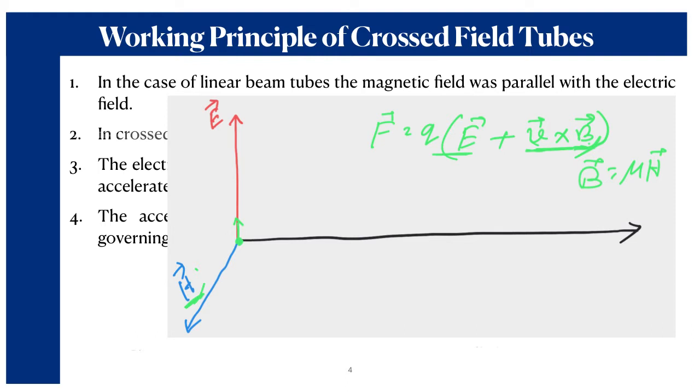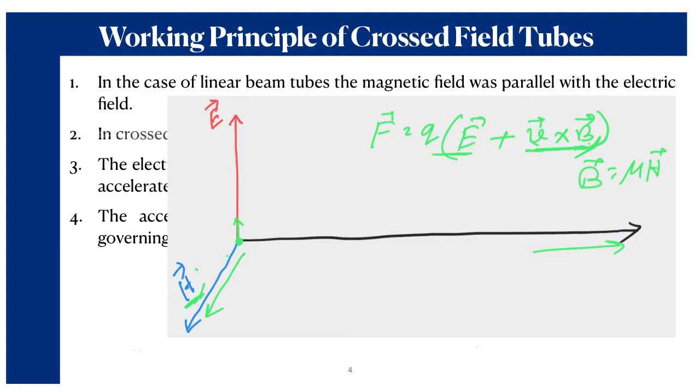Now the direction of the magnetic field is along this direction, whereas the direction of the velocity is along the vertical direction. So obviously the force applied to the particle due to the cross product of the velocity and the magnetic field should be along this direction.